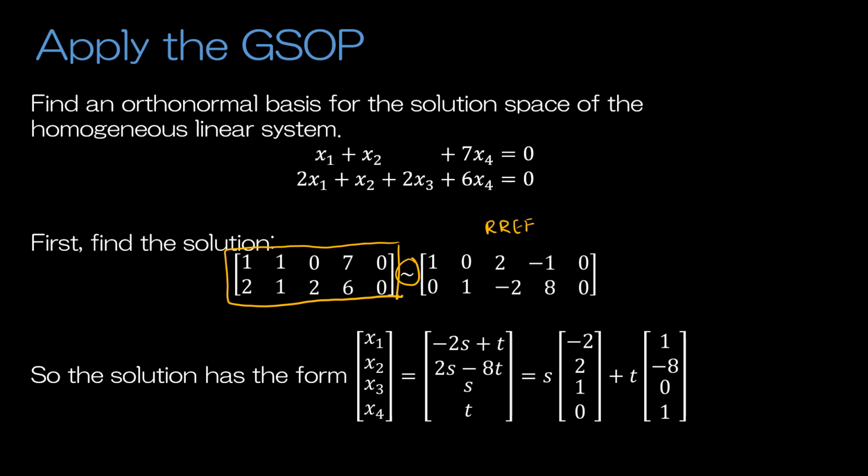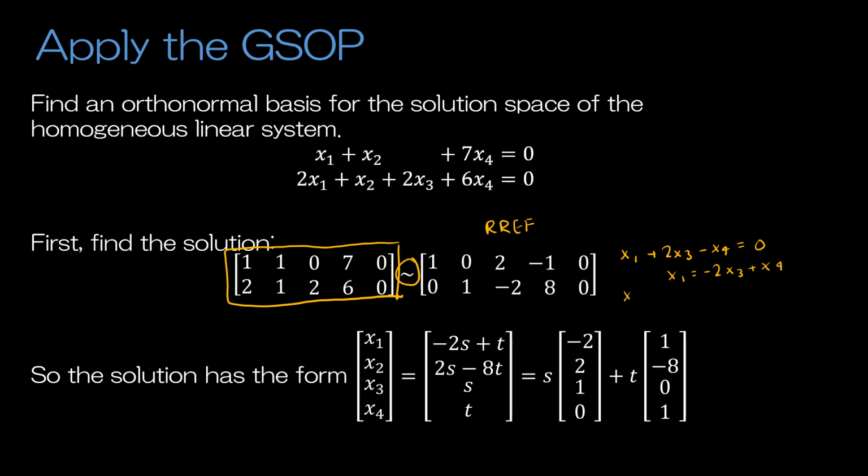Once I get into reduced row echelon form, I know that this translates into x1 plus 2x3 minus x4 equals 0, which I would rewrite as x1 is equal to negative 2x3 plus x4.